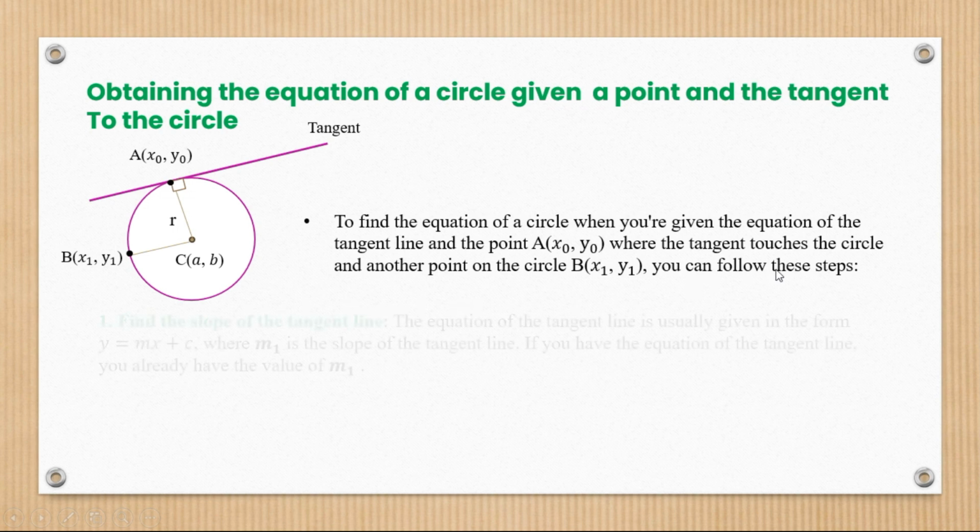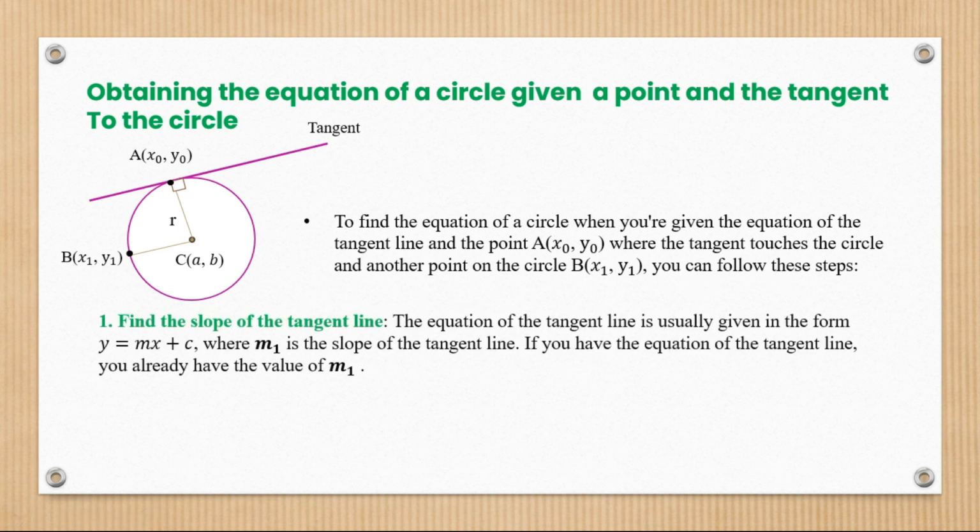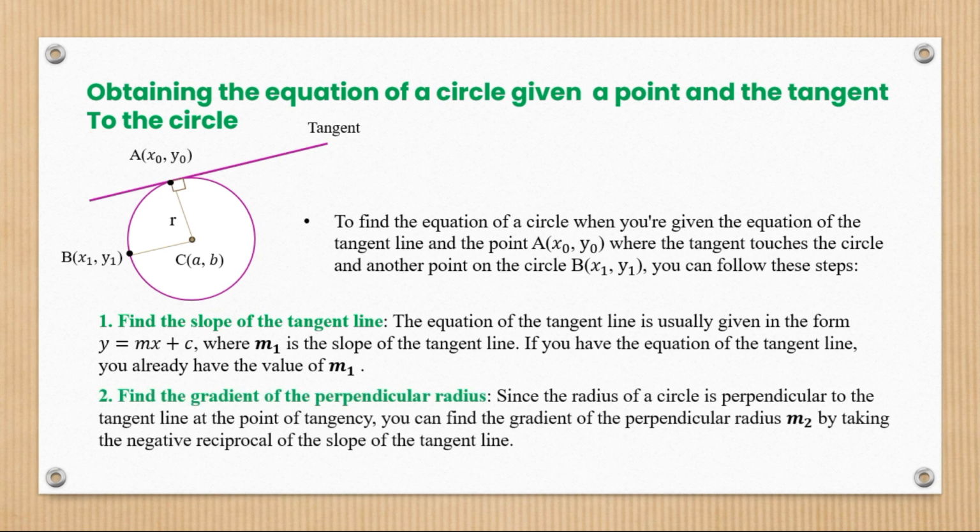So these are the steps we follow. So first of all, you have to find the slope of the tangent line. The equation of the tangent is usually given in the form y = mx + c, where m1 is the slope or gradient of the tangent line. So if you have the equation of the tangent line, you already have the value of m1. And then next, to find the gradient of the perpendicular radius, that is the next step.